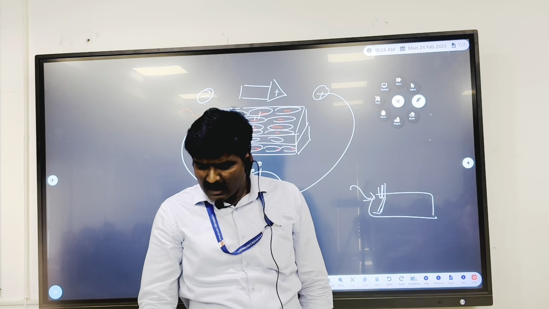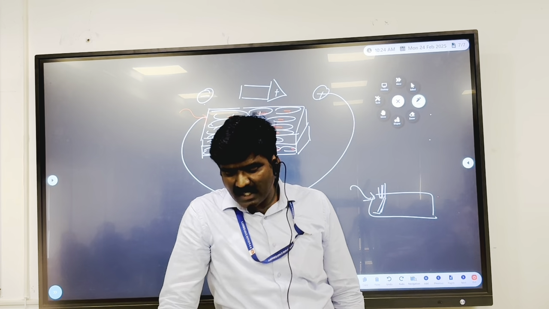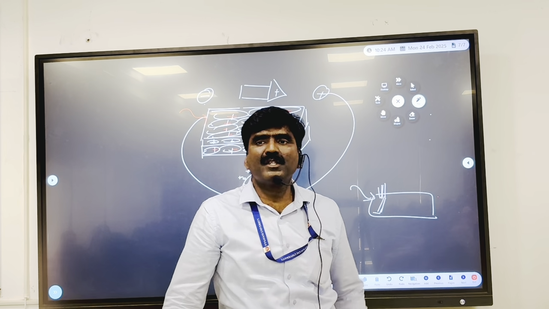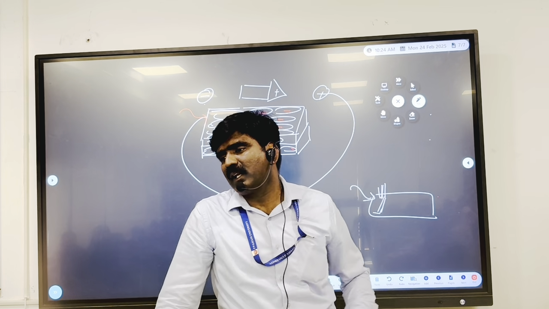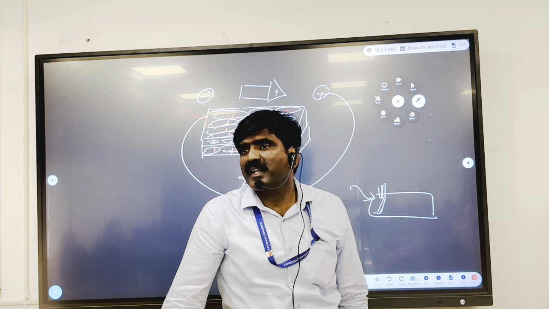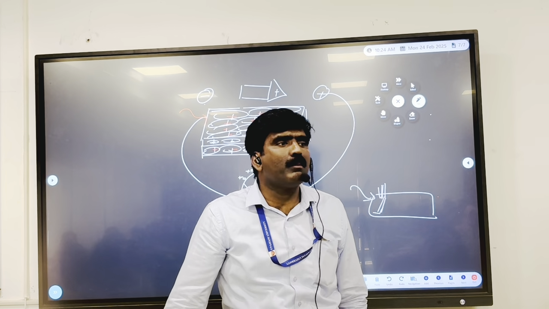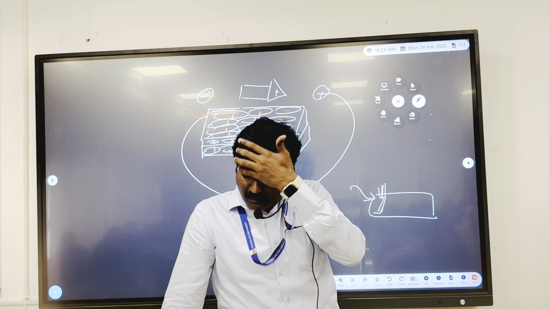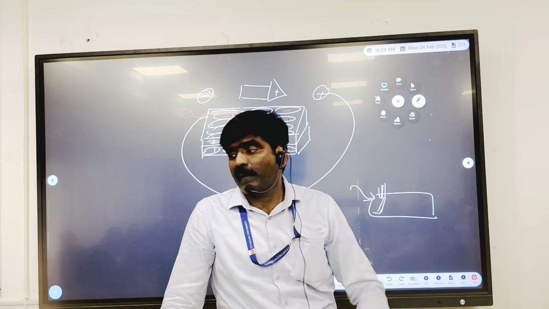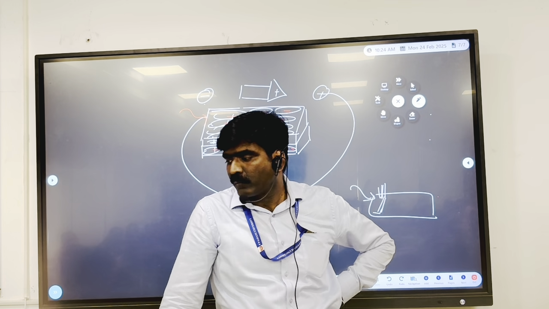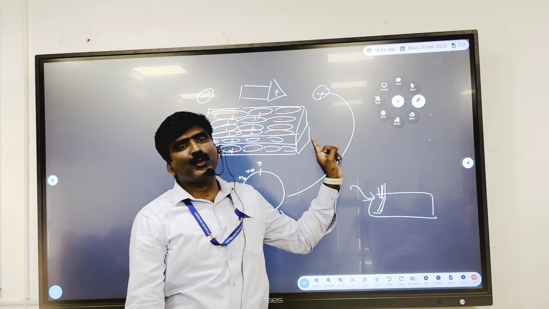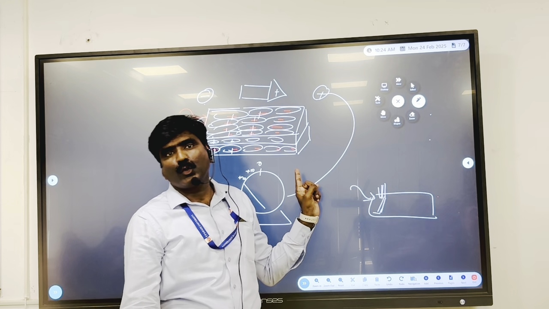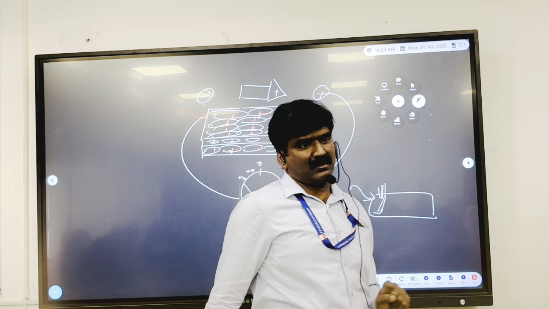Vector is directly proportional to the strength of the electromagnetic field. So this type of vector, where will you get it? You will get it in the ventricle.